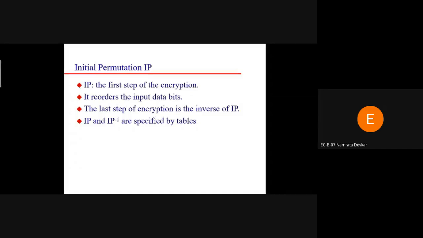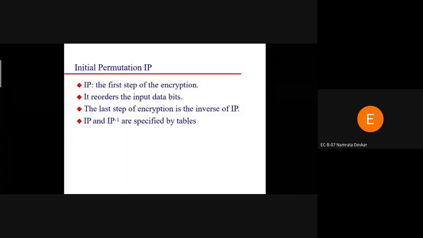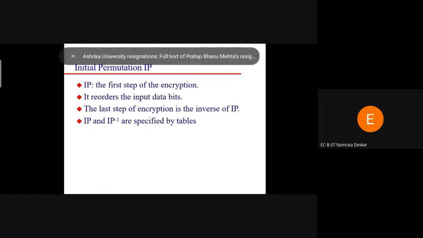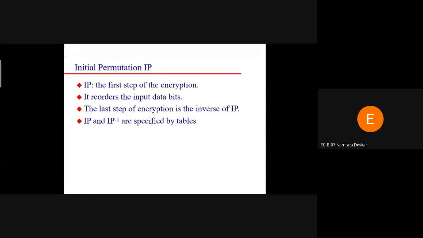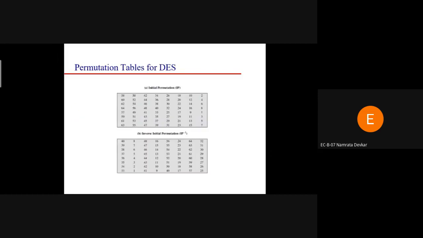To convert 64 into 56 we can use the initial permutation, and at the last we can use the inverse initial permutation, so again we have to convert the 56 into 64 bits. So how can we use such types of keys?